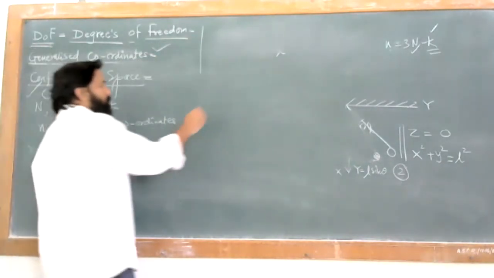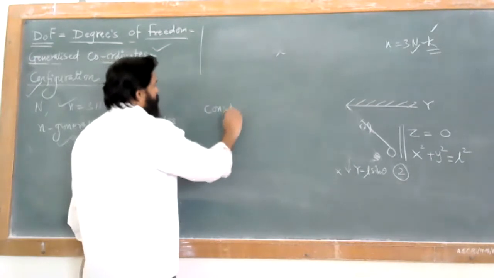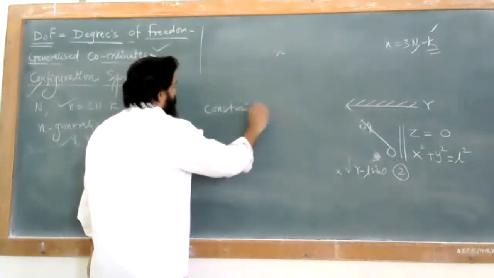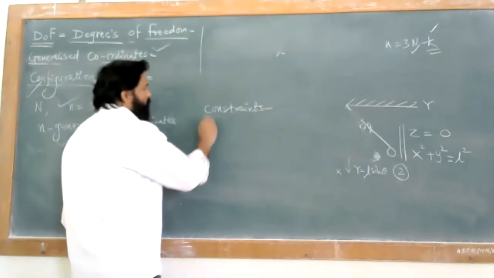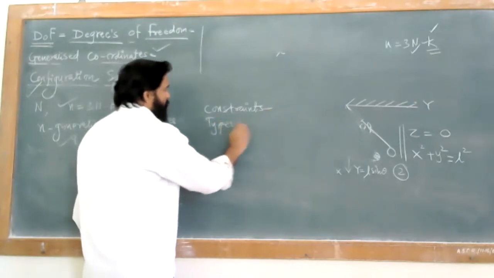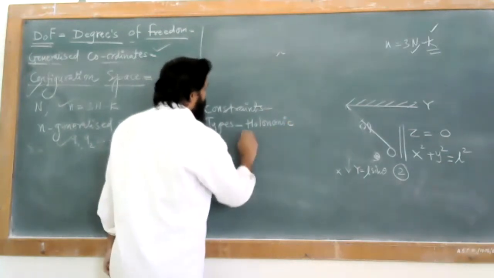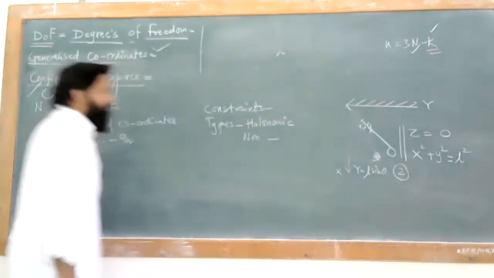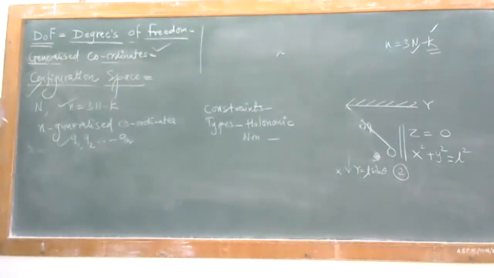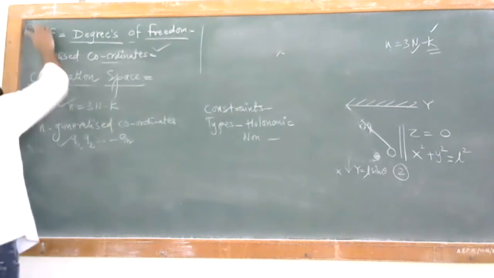We'll have constraints. First, their types will be holonomic, then non-holonomic, then the classification will be rheonomous or scleronomous, then we have degrees of freedom, then generalized coordinates, then configuration space, and now we have D'Alembert's principle of virtual work.